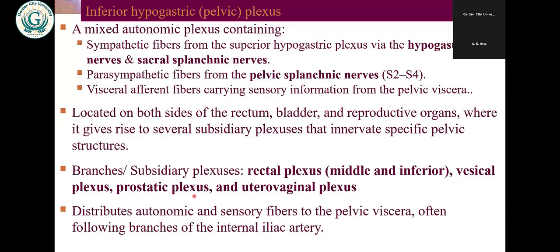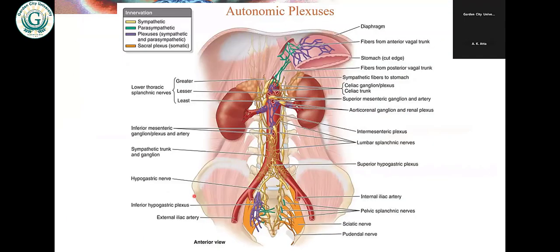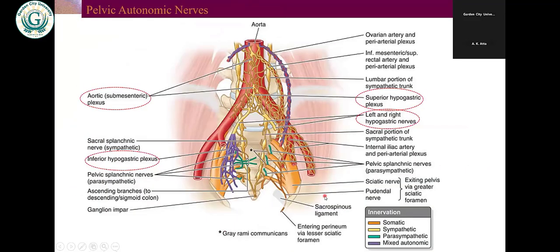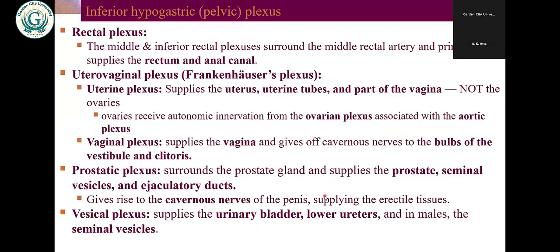So in terms of the autonomic innervation of the female pelvic viscera, you need to remember the inferior hypogastric plexus or the pelvic plexus, which will give rise to the uterovaginal plexus. So think about that one.